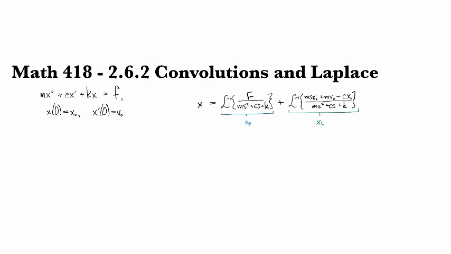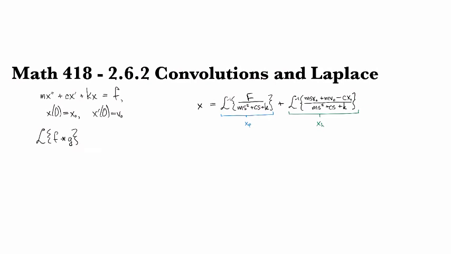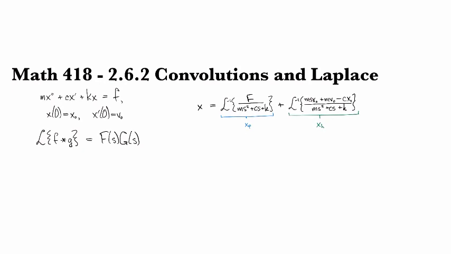So the way that the convolution theorem works for Laplace transforms is that the Laplace transform of a convolution is equal to the product of the Laplace transforms. So it converts a convolution into a product.